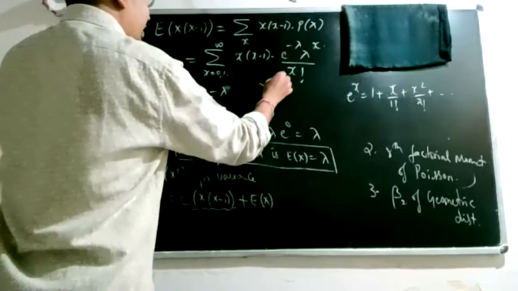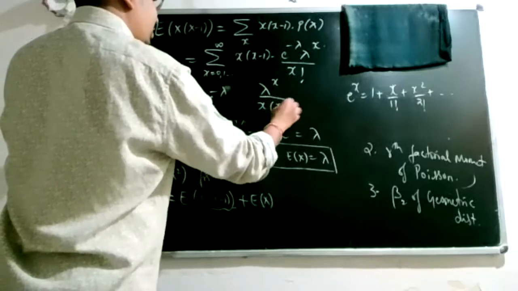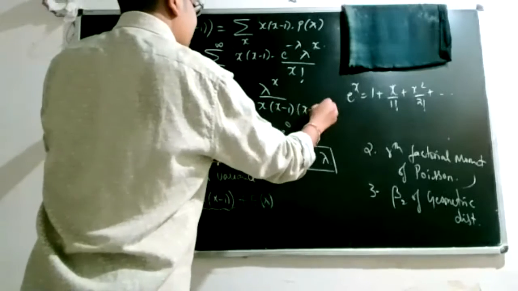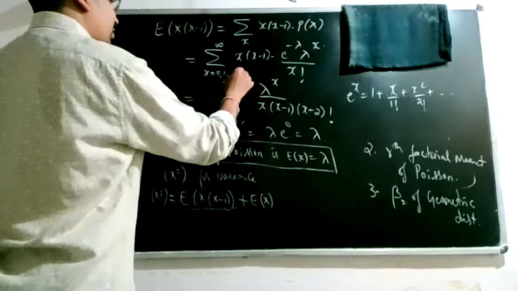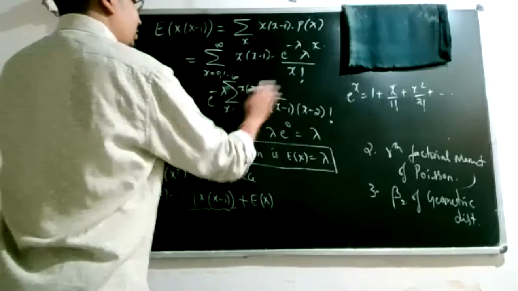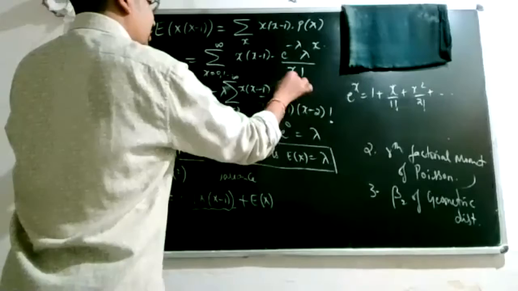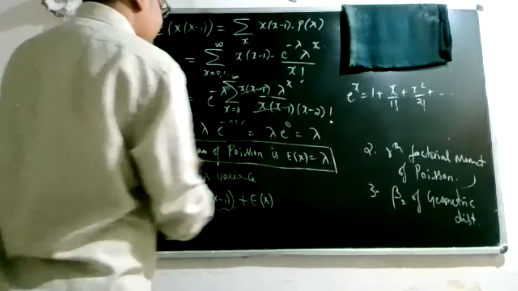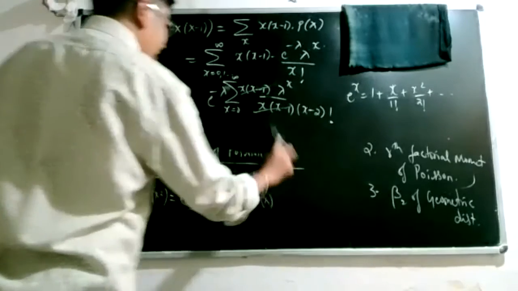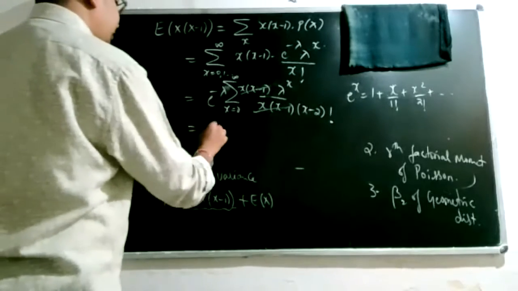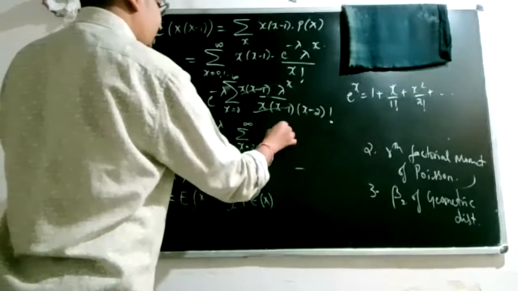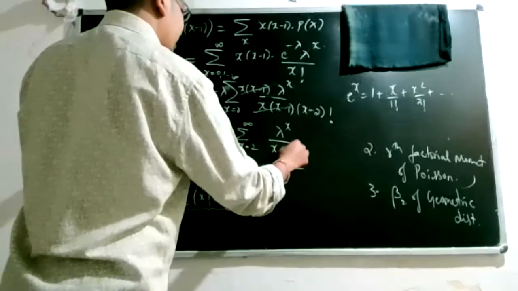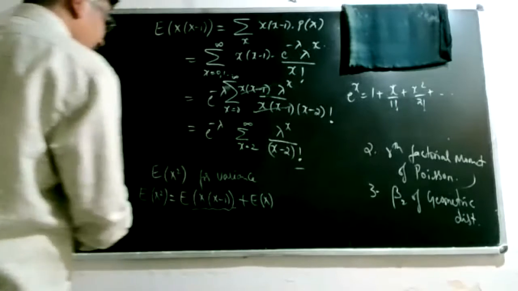Expand your x factorial as x into (x minus 1) into (x minus 2) factorial. You have the summation x equals 0 to infinity, x into (x minus 1) in the numerator, so they get cancelled. So your sum now automatically starts from 2, lambda power x by (x minus 2) factorial.